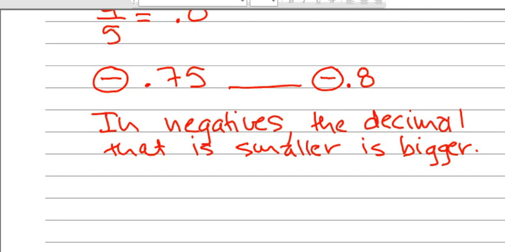So, who's closer to 0? Negative 0.75 or negative 0.8? So negative 0.75, if I were to line them up, and look here and look here, 0.7 is smaller. So since it's smaller, it's actually bigger in the negatives, so it's greater than.